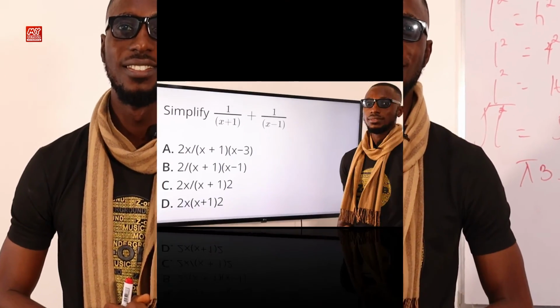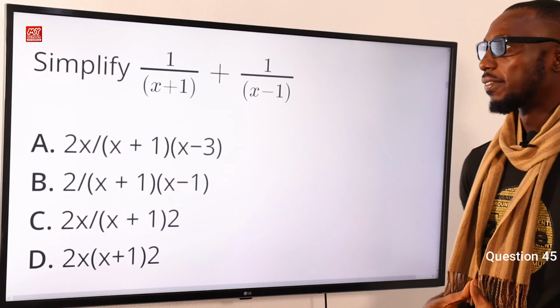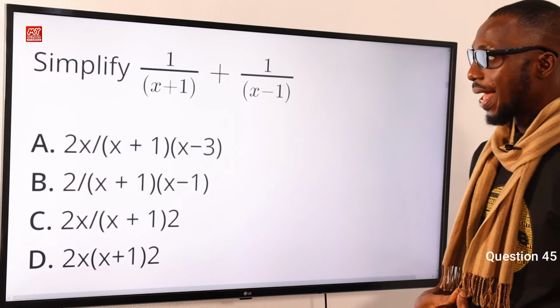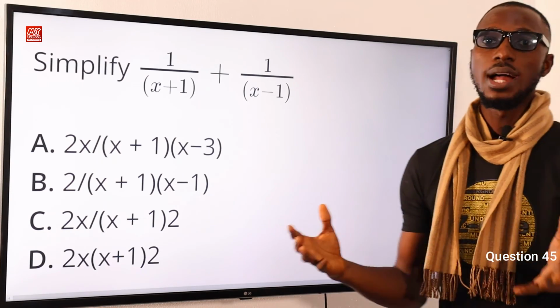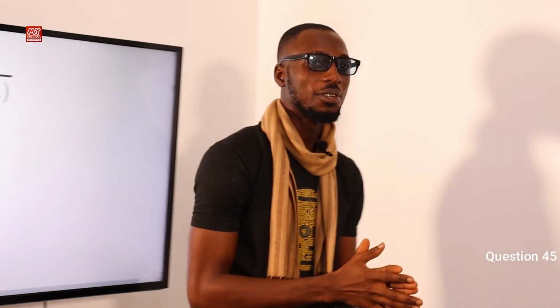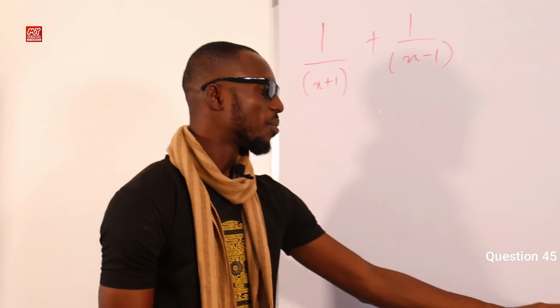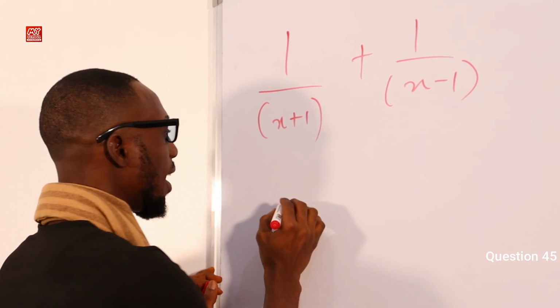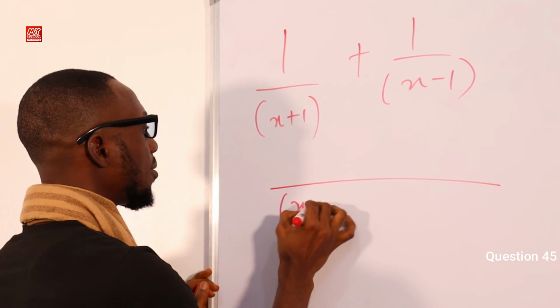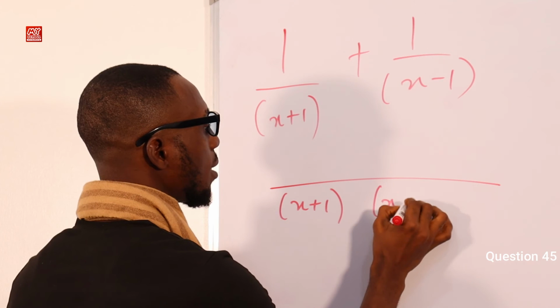Question 45. Simplify 1 over x plus 1 plus 1 over x minus 1. So at first, we have to present this question on our whiteboard. So we have it here. All right, so this will form the LCM. No need to expand, just leave it the way it is.